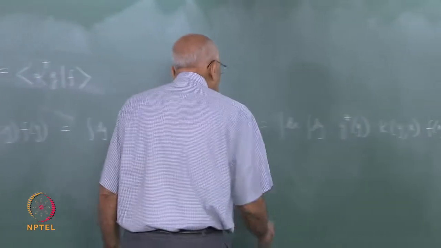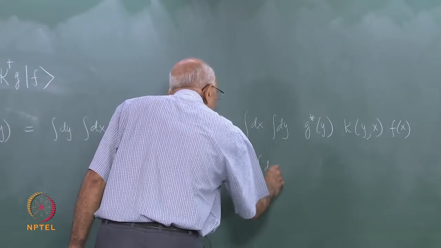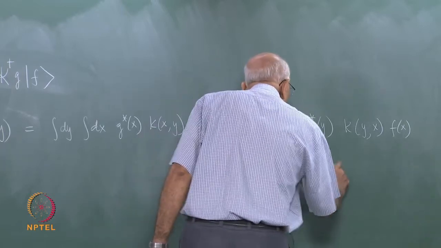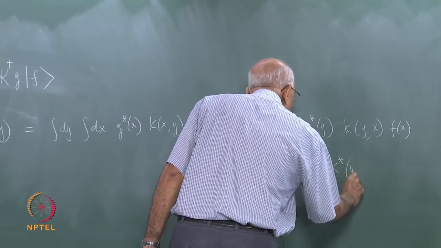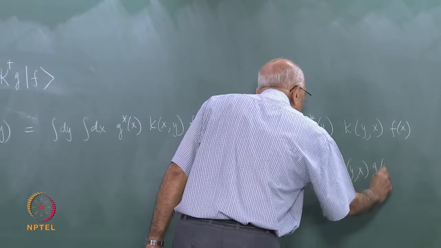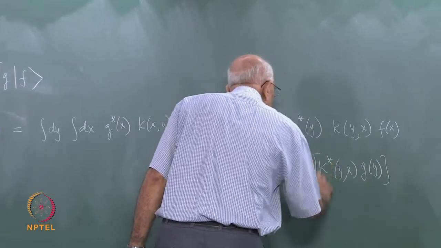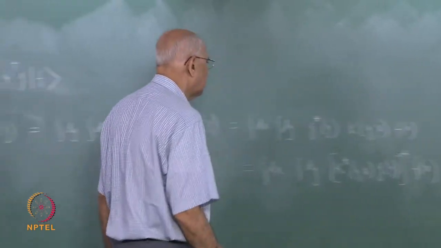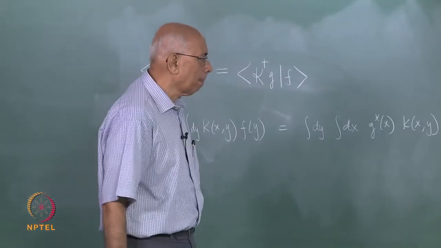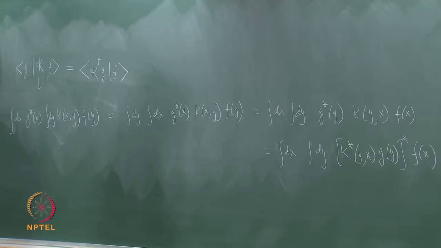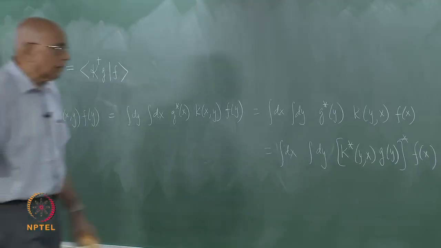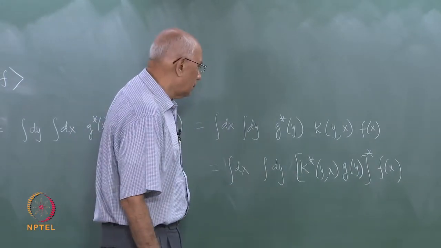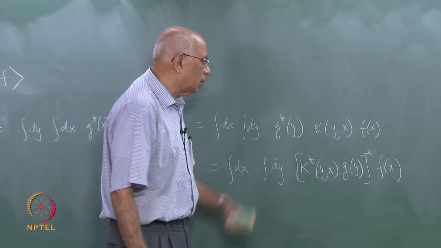Which I can write as equal to integral dx integral dy, and then let us call this k star of y x, g of y star f of x. Okay, where this is the complex conjugate, integrated over dx and dy.